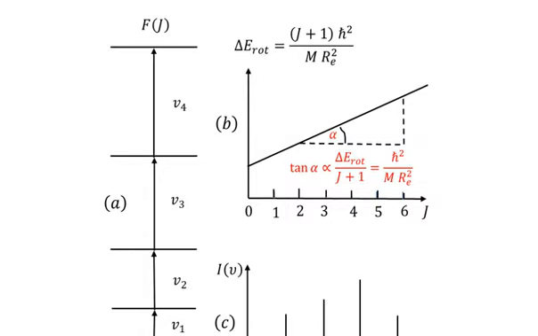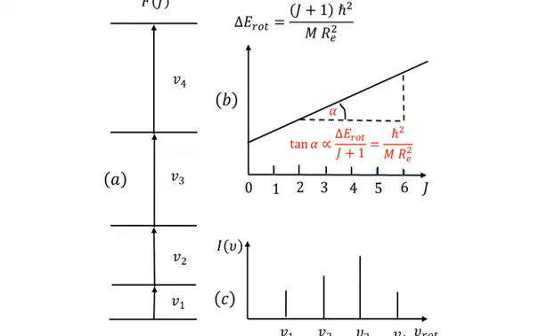And you know that on the left I have shown the rotational levels. And the new one is the frequency. If you provide light for absorption in the molecule at a frequency nu1, it will be absorbed and it will reach the second level. And at the second level, if you provide a frequency nu2, it will reach the third level.